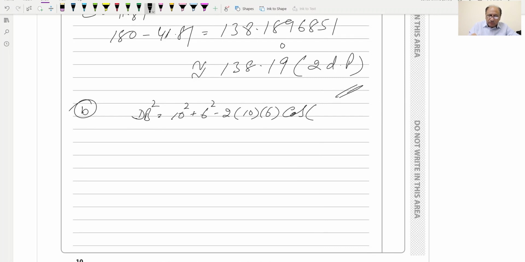cos of the angle which we just found, 138.19 degrees, and we can find DB is equal to the square root of this whole thing.